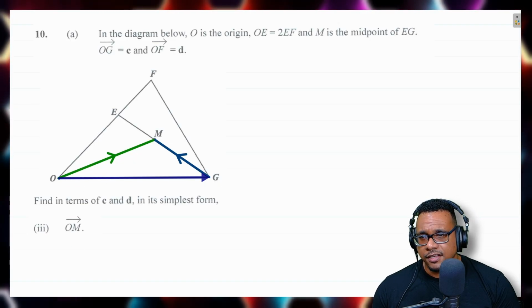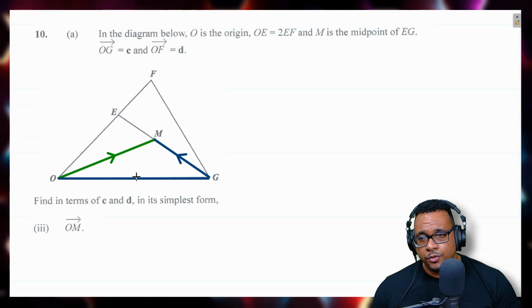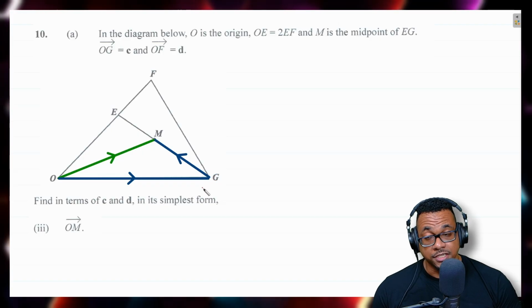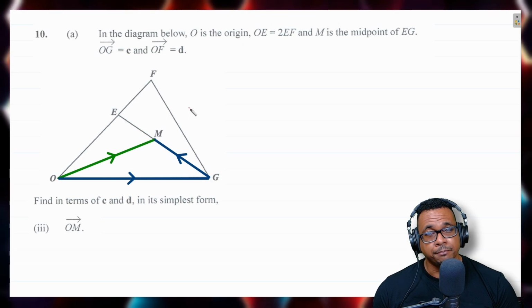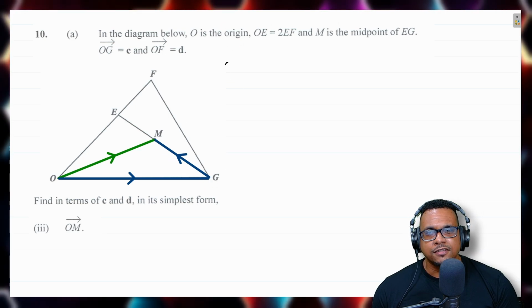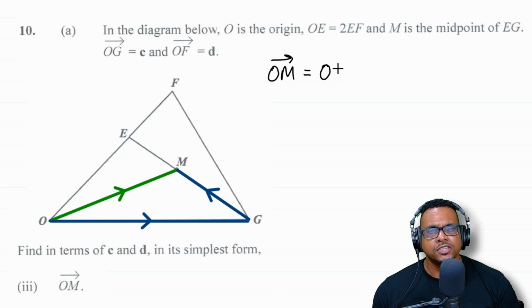So that vector is going to look like this, and the tail is going to be at O, so therefore it needs to point towards G. So the head is at G. So therefore, my vector from O to M will be the vector OG plus GM.